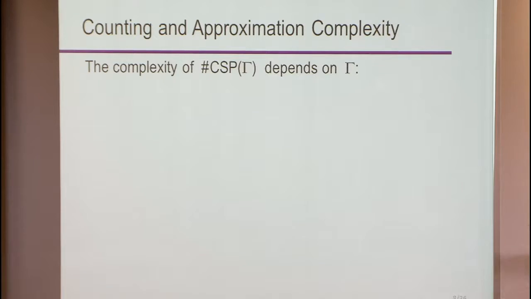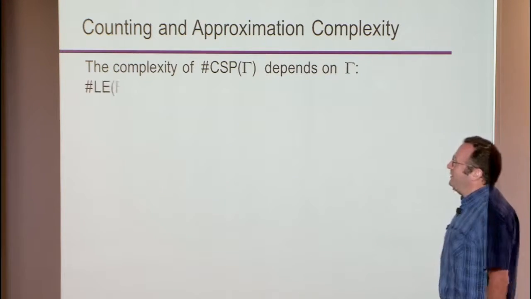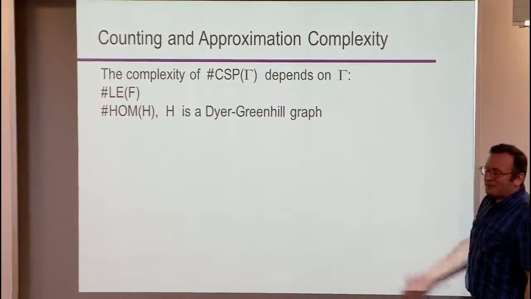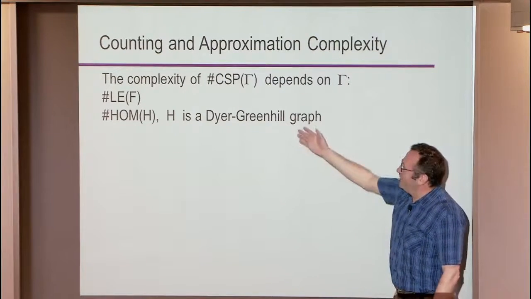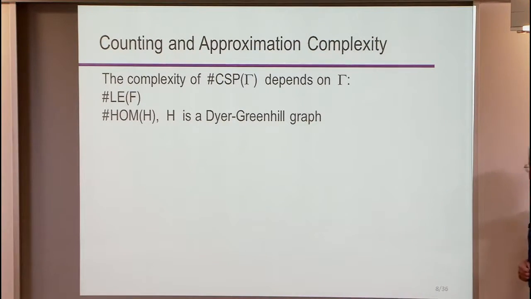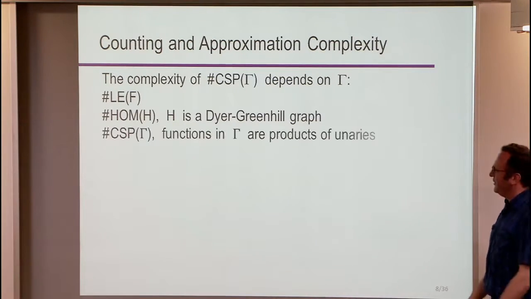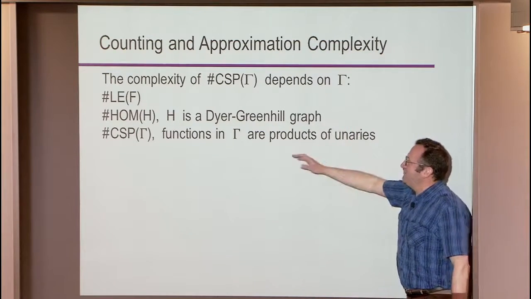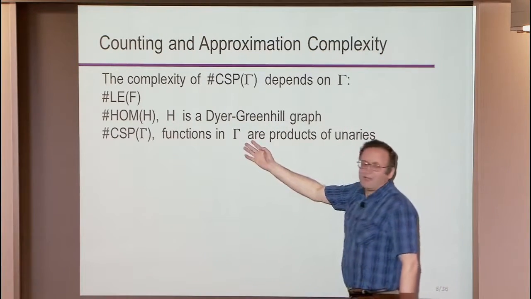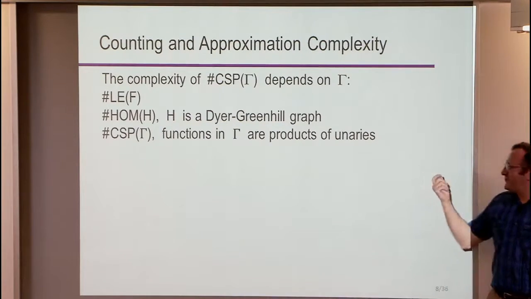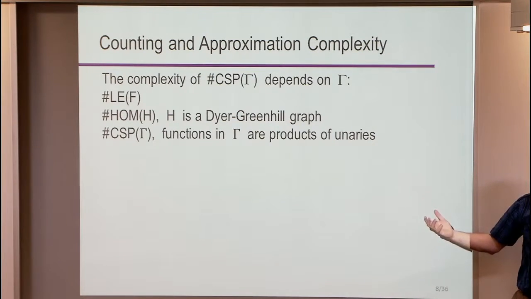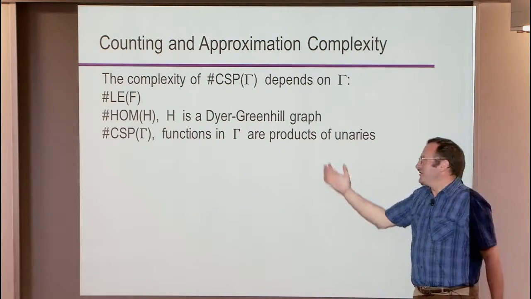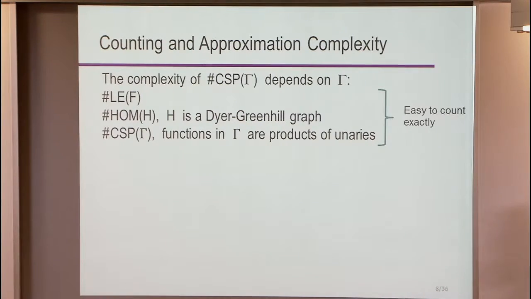Clearly, the complexity of this problem depends on gamma, and we know some examples of that, say, counting the number of solutions of systems of linear equations, the number of homomorphisms in a Dyer-Greenhill graph that we might know by now what they are, say, CSP of any gamma where gamma consists of very highly decomposable functions that can be represented as a product of unary functions. Variables are very independent. So all those things are easy to count exactly.